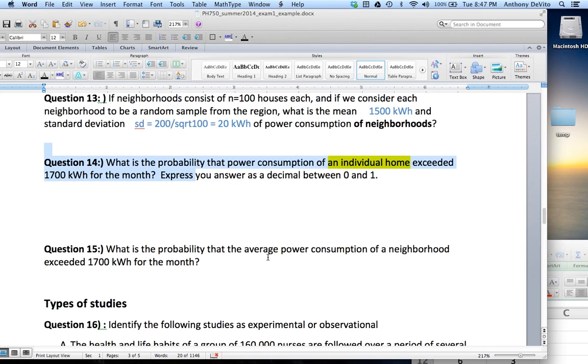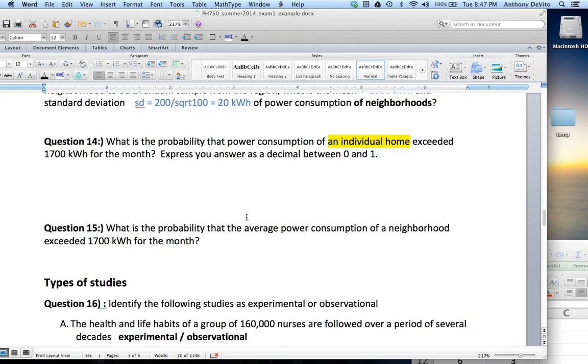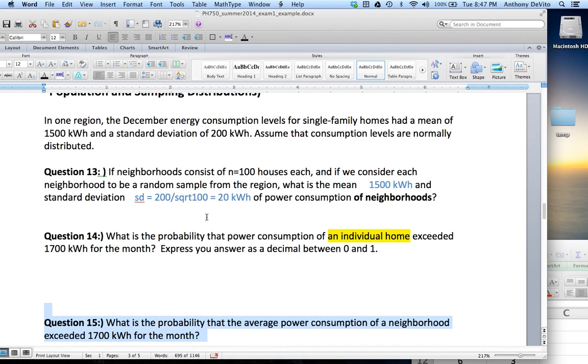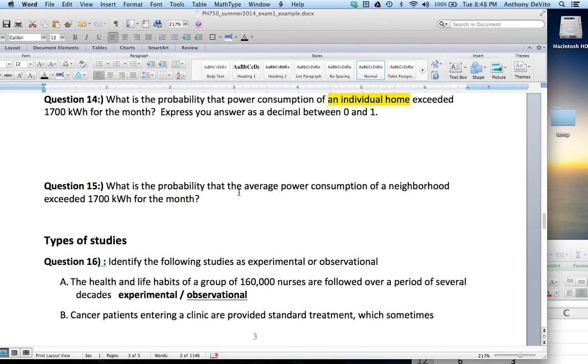Okay? Now, let's look at this from a different perspective. What's the probability that the average power consumption of a neighborhood of 100 houses exceeded 1,700 kilowatts for the month? That's a different problem. Now, since we're looking at a sampling distribution, we don't use the population standard deviation. We use the same mean, right? The mean still is 1,500, so this is 200 above the mean.